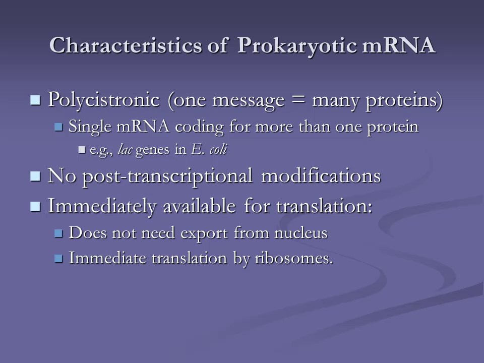Now that's going to be slightly different than what we're going to see in eukaryotic cells, but what's going to be hugely different between bacteria and eukaryotic cells, our cells for instance, in our bacterial organisms, they produce a messenger RNA that is referred to as polycistronic.